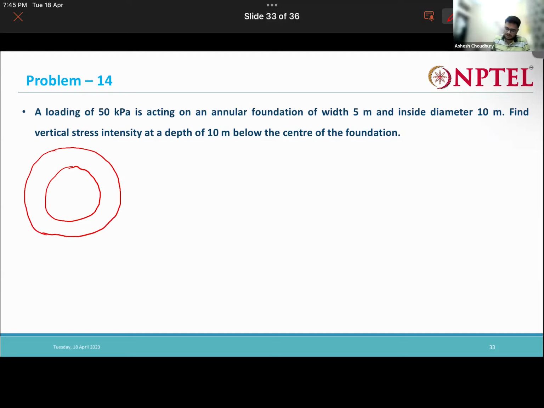This is the annular foundation, and this width is given as 5 meter. The inside diameter is given as 10 meter. Below this center, we need to find out the intensity.